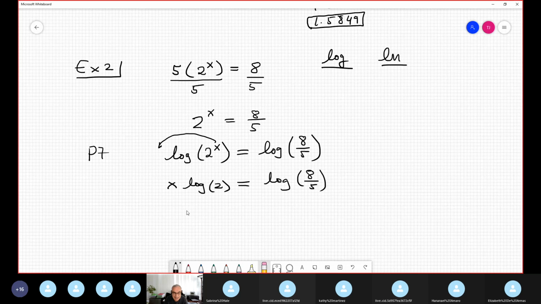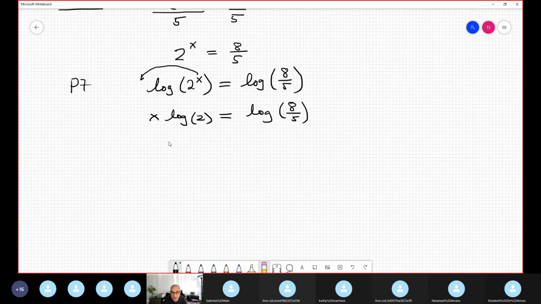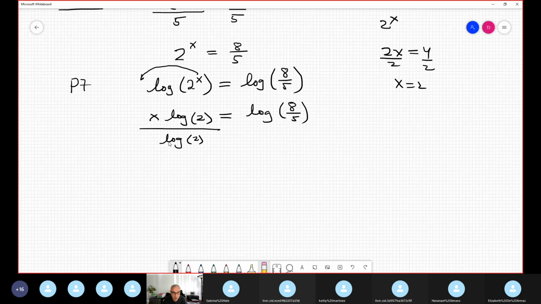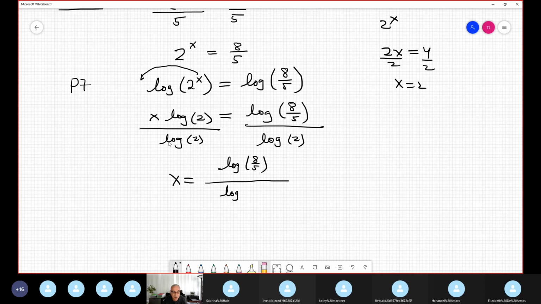This is a linear equation, and you solve it exactly the same. 2x equals 4, divided by 2, because my unknown is not in the exponent. This is completely different from this. Now divide both sides by the logarithm of 2. And x is equal to the division: log of a over 5, inside the argument, divided by log of 2. And this is my exact answer.